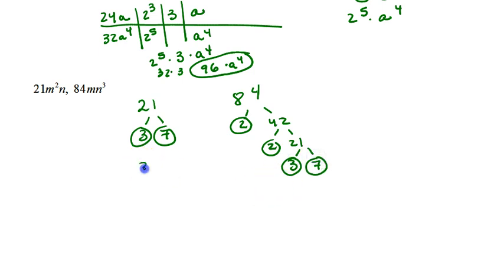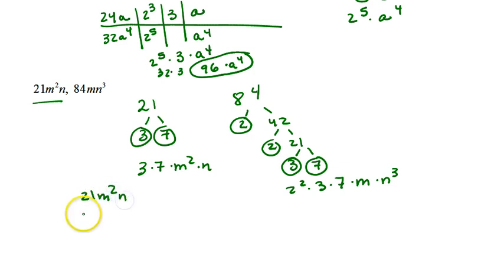So this is 3 times 7 times m to the 2nd times n from here. This is 2 to the 2nd times 3 times 7, and then up here I have times m times n to the 3rd. So let's make our table. 21 m to the 2nd, n, and 84 m n to the 3rd.